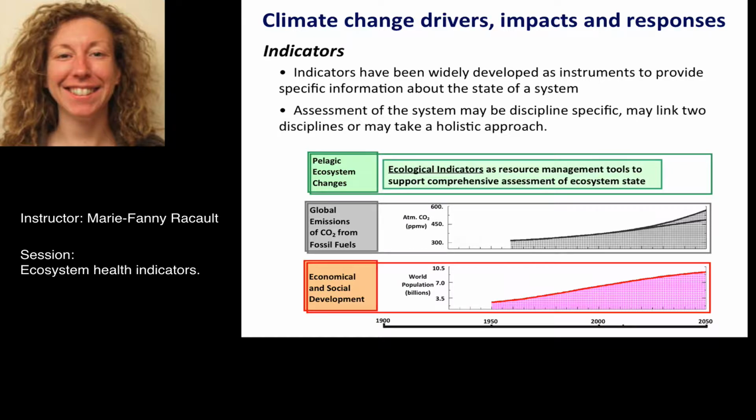And then again, this goes back to socio-economic development. If we cannot have food security or we cannot ensure good human health, this will influence settlements, and this will influence the entire society.